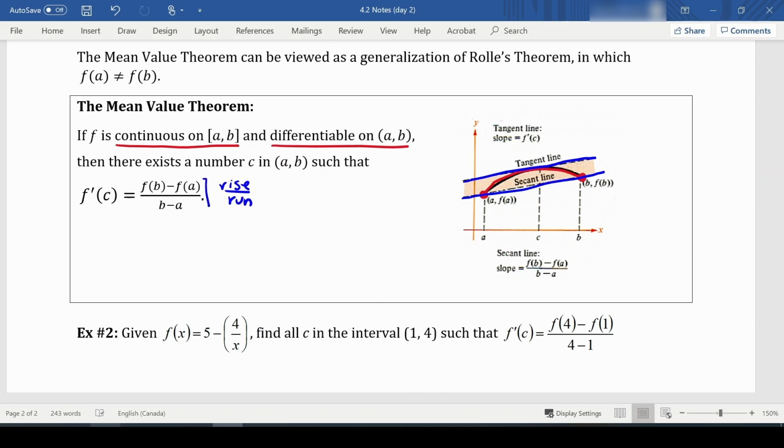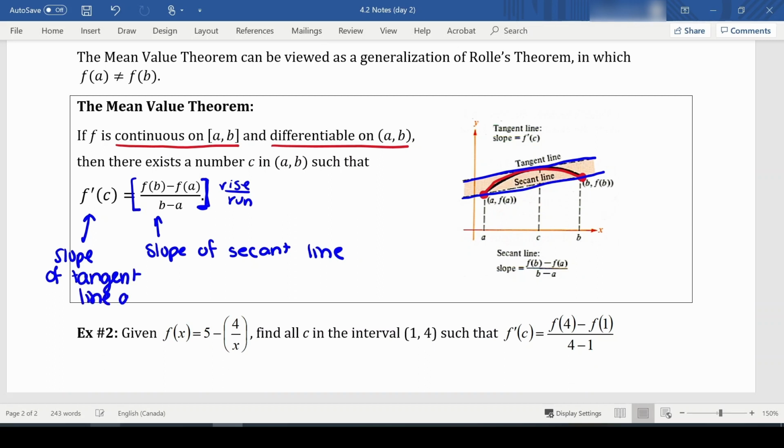So this is the slope of the secant line here. And f prime of c is the slope of the tangent line at the point where x is c.